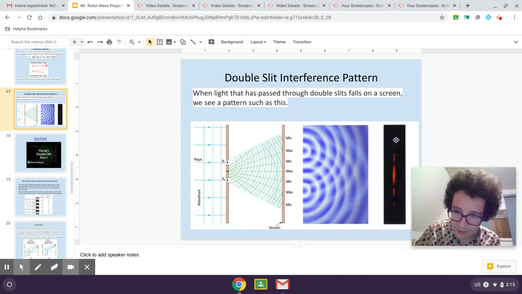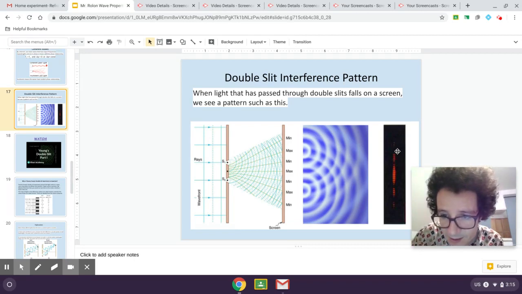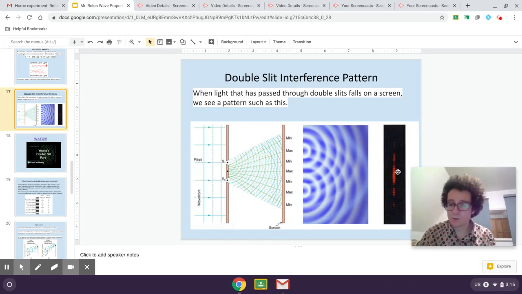So on the screen, we're going to see some parts that have light, like the dots we saw in the experiment I did, and some dark spaces. Wherever there's light, it's because we had constructive interference, and wherever there's darkness, it's because there was destructive interference.